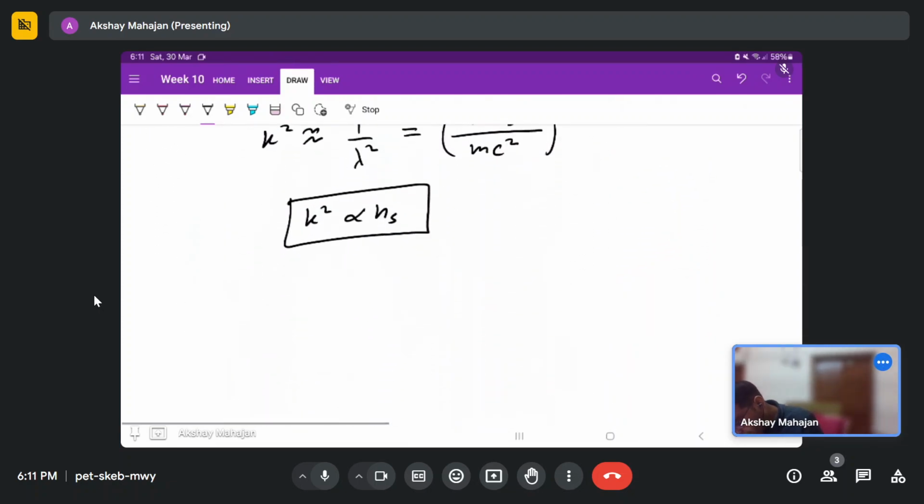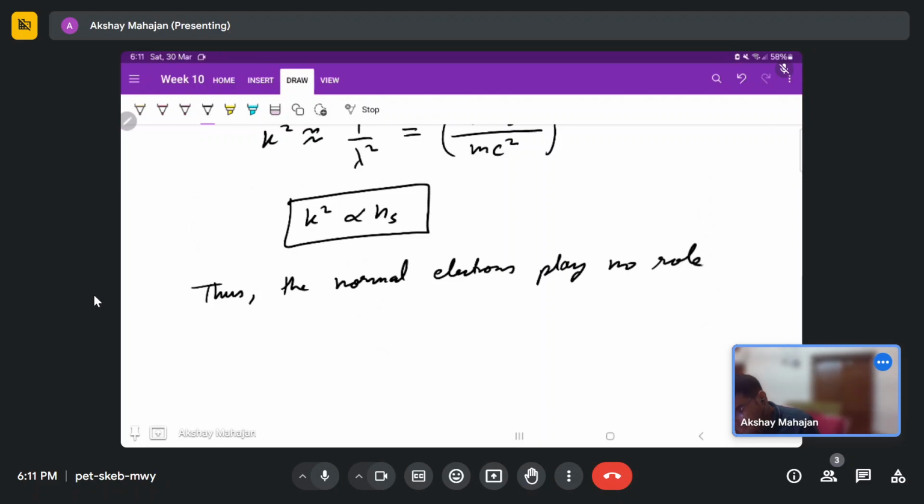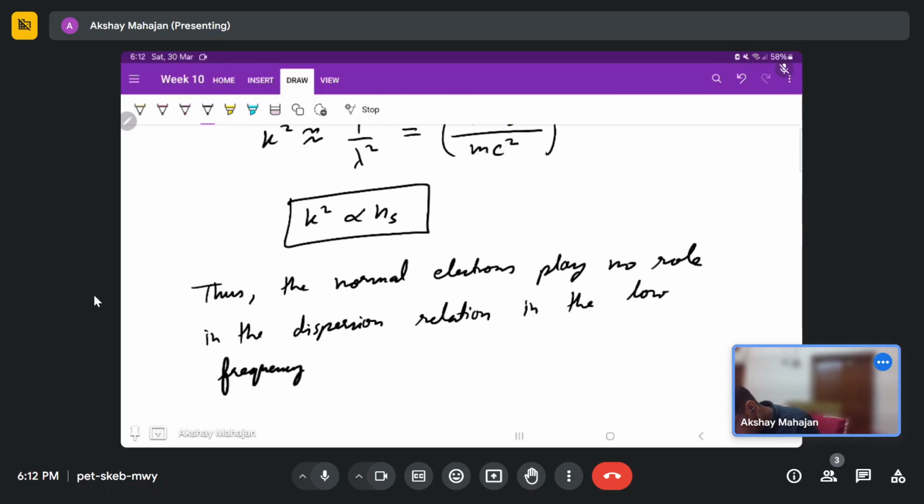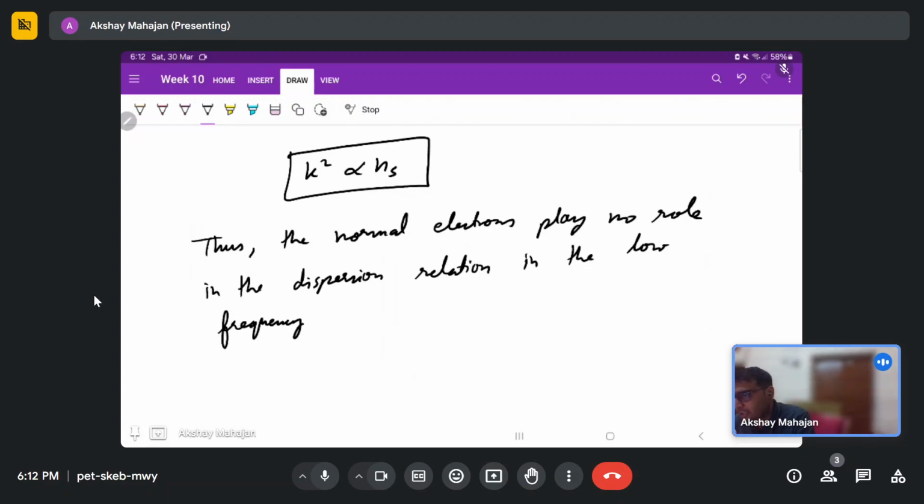Okay, yeah, so here we say that thus the normal electrons play no role in the dispersion relation in the low frequency range.